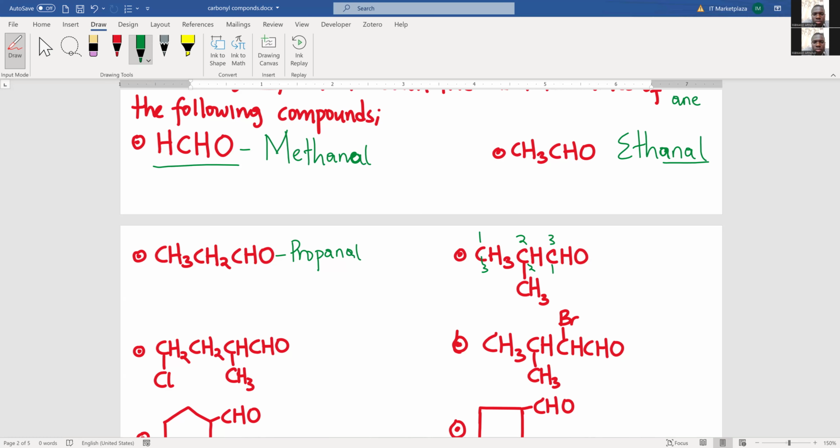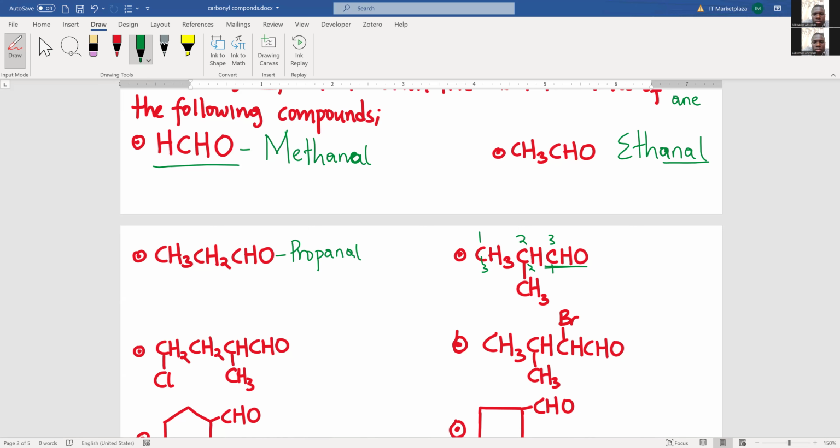Then I look at the functional group first. The functional group must be given priority. What do I mean by that? It should take on the least position. What is the functional group in this case? The functional group in this case is CHO, since I'm naming an aldehyde.